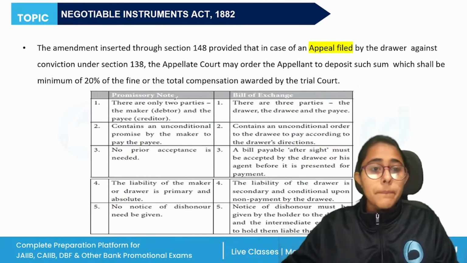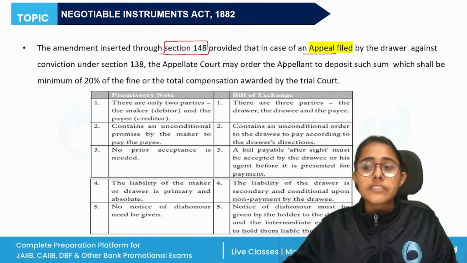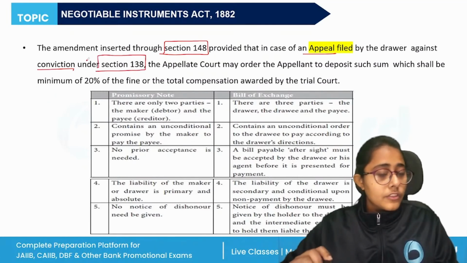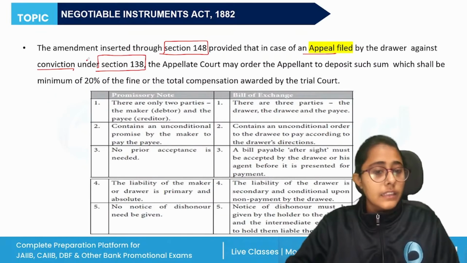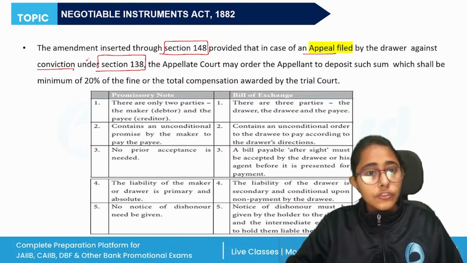The amendment was inserted through section 148, that in the case of an appeal which is filed by the drawer against the conviction under section 138, the bank can file the case of dishonor with the court, but the drawer then says that they are not guilty. So now what will happen under section 148?